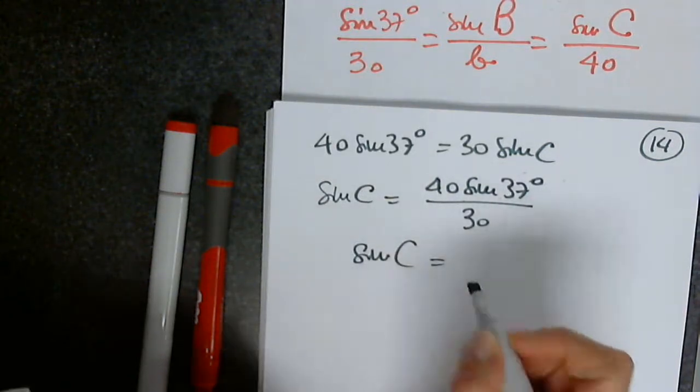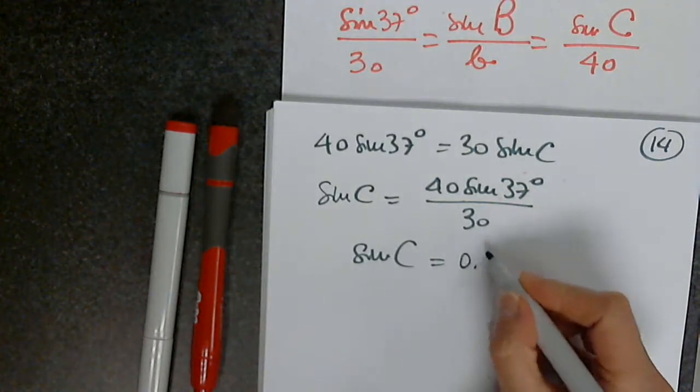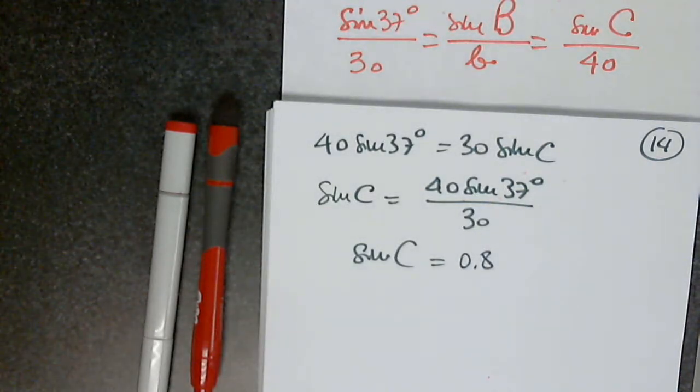So sine C with the graphing calculator, what do I get? 40 times sine 37. Make sure you're in degrees, because otherwise you will get something very weird. I got 0.8. Would you agree with 0.8? How do I determine C?